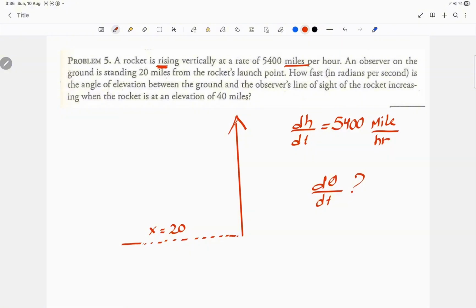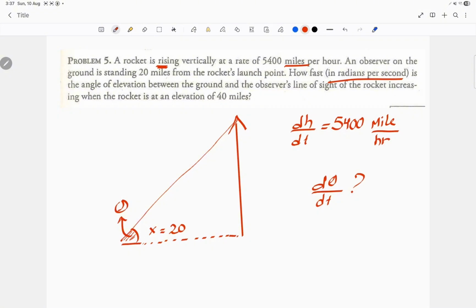D what? D theta. Some call it theta. It's actually theta more like that. So how fast is this angle growing? This angle right here. Oh, they said radians per second. Here's theta.